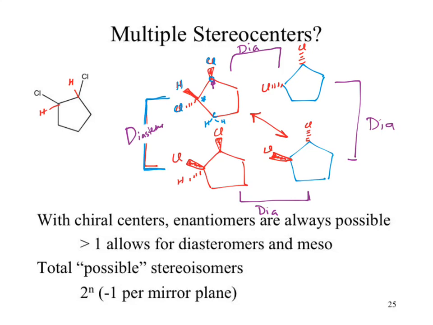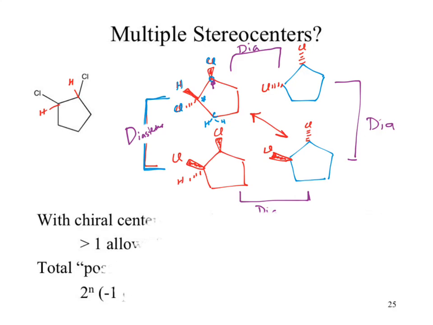Do whatever you want. Spin, flip, rotate, throw it upside down. You will find that you will never be able to superimpose those two images. Okay, so they are non-superimposable. Are they mirror images of each other? That's not an easy one to see, but indeed they are. Let's take this structure here, and I'm going to pick it up, flip it over.